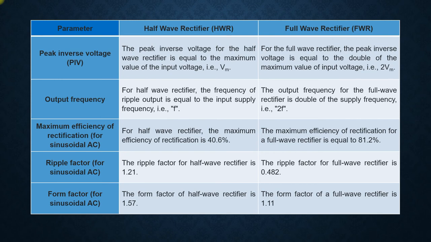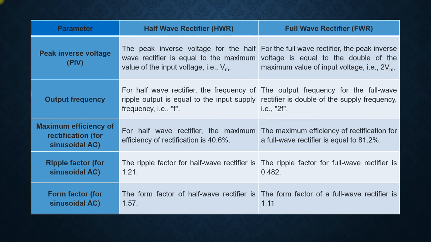Coming to output frequency, how much will the output frequency be? For a half wave rectifier, the frequency of the ripple output is equal to the input supply frequency, f, because in the positive half cycle we get output and in the negative half cycle it is 0. Again the next positive half cycle gives output and the negative half cycle is 0, so the frequency equals the supply frequency.